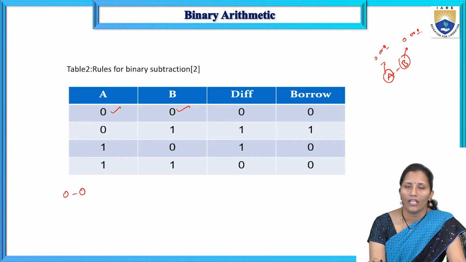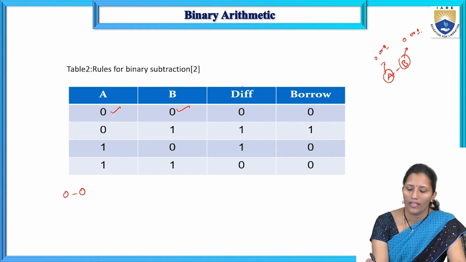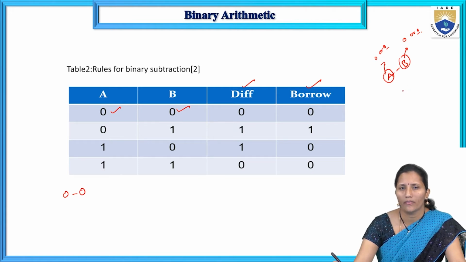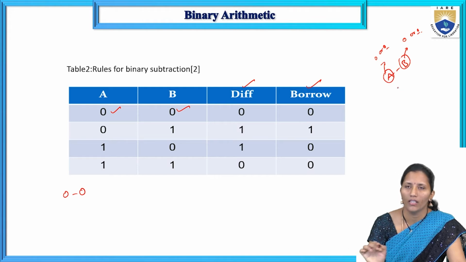Here, in addition, we have sum and carry. In subtraction, we have difference and borrow. Okay. So, the difference between two digits is 0. The borrow is whatever we are taking.